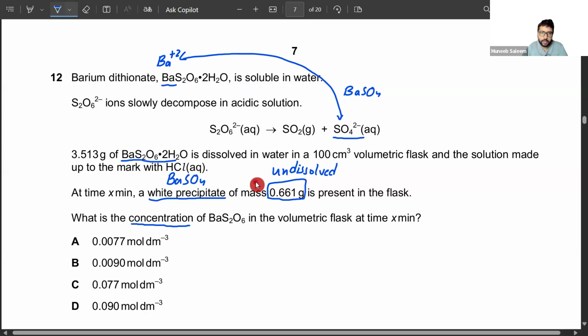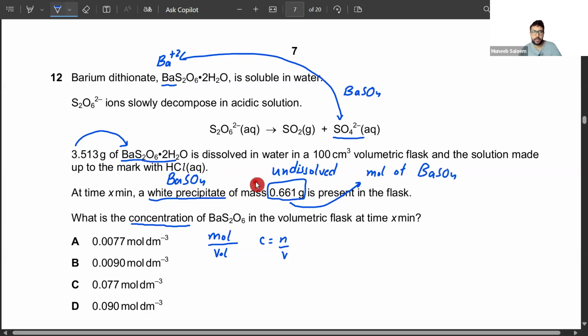That would only require the moles that are dissolved divided by the volume, because we know the formula C is equal to n over V. We will use this formula here. But before going into that, we need to convert this mass of the barium compound into moles, and also this mass into the moles of barium sulfate.